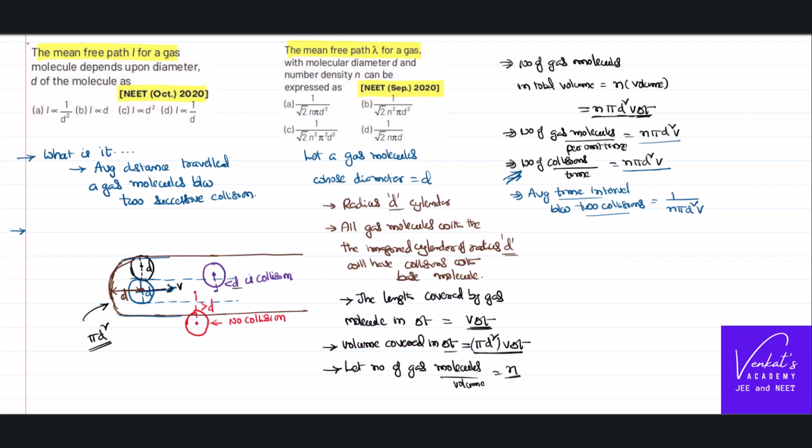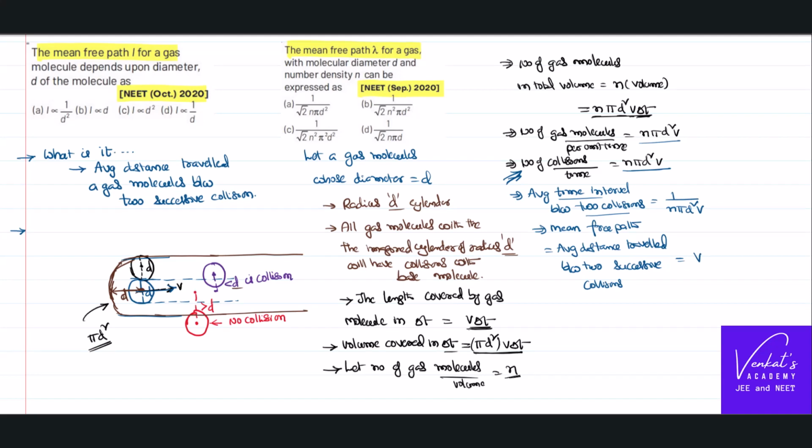Then, once you know average time interval, I have to calculate mean free path. We are working for that only actually. So mean free path is the average distance traveled, as we have defined, between two successive collisions. We know distance traveled equals velocity into time.